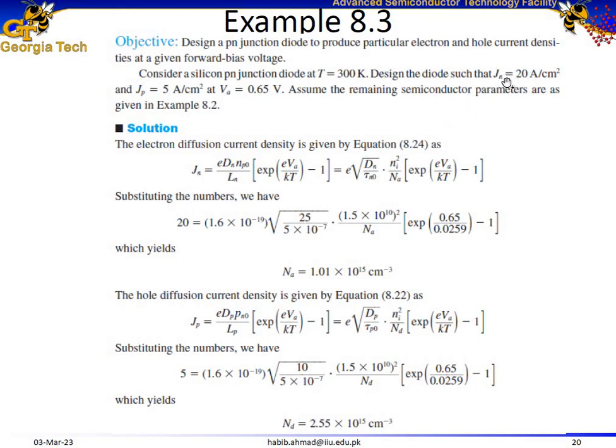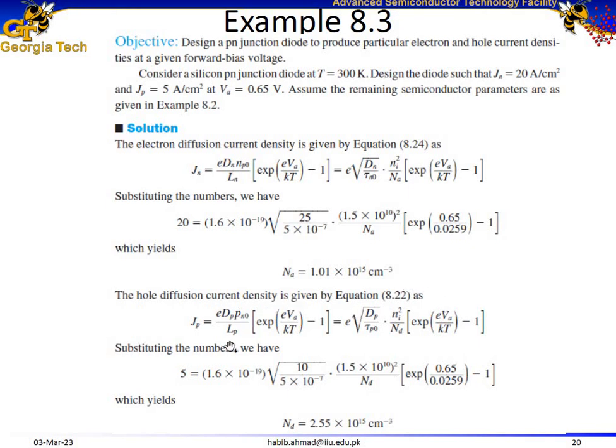The current density for electrons is given, 20 amps per centimeter squared. Everything else is given. Charge on electron, by the way, is 1.6 times 10 to the power minus 19 coulomb. You should know this number. The applied voltage is 0.65, which is over here, and Na is unknown. Reorder this equation and you get the value for Na.